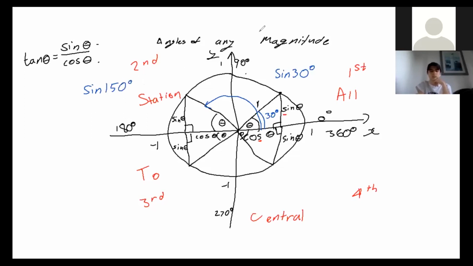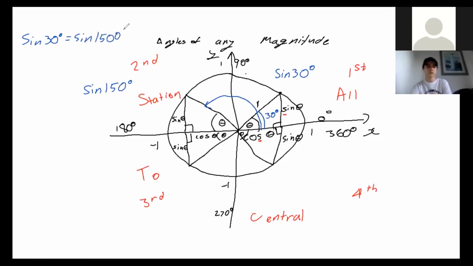But now I can say that sine, I'll just rub this tan bit off too. Now I can say that sine 30 degrees is equal to sine 150 degrees. Does that make sense?